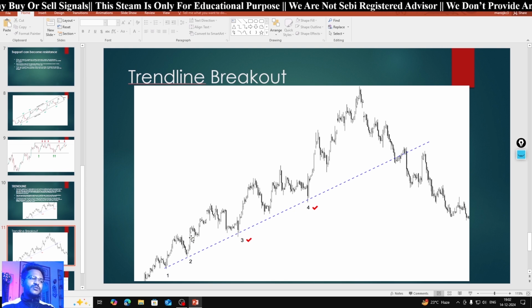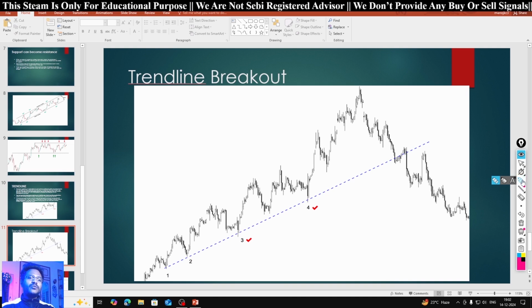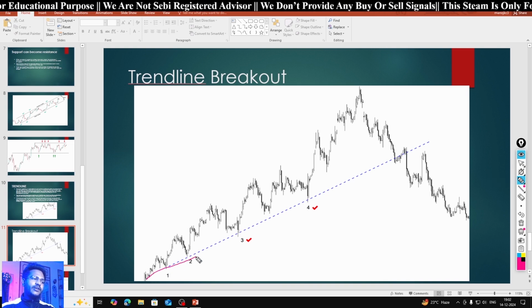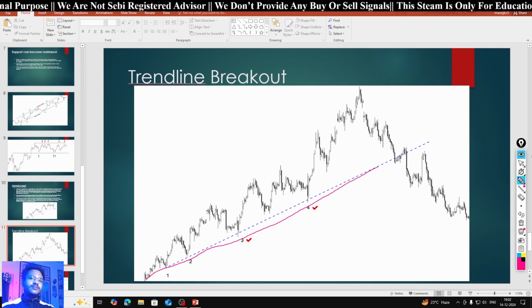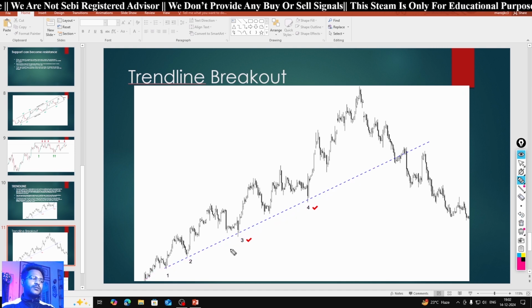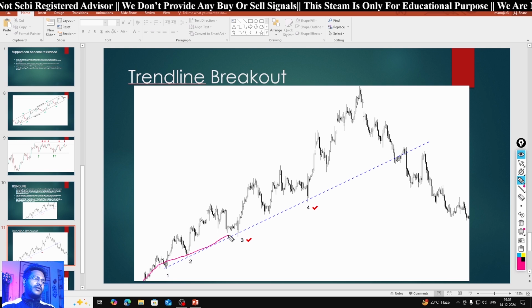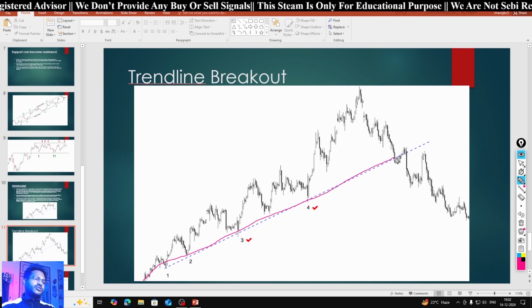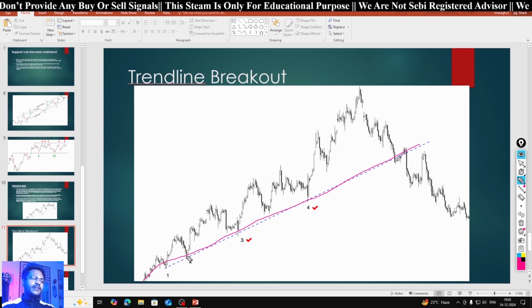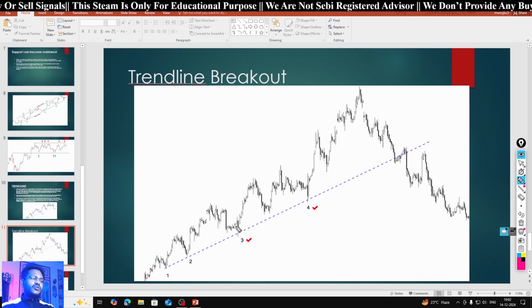Once there was a 3 touch like this, what I would do immediately is try to draw a trend line like this, so that this gives me an idea. The market is going to come till this location and then bounce back. So it makes it easy to take entry.